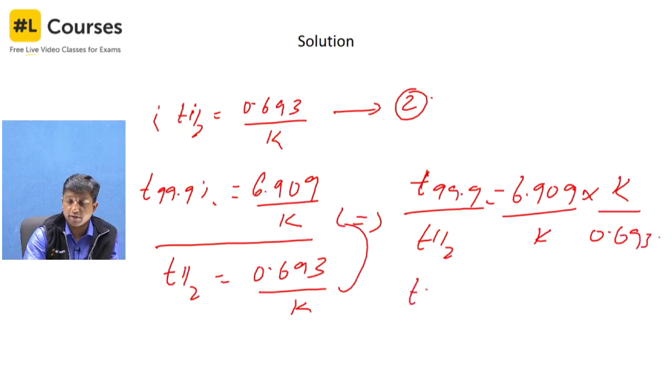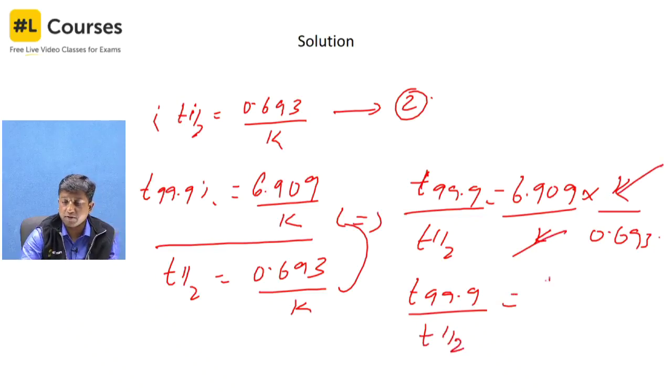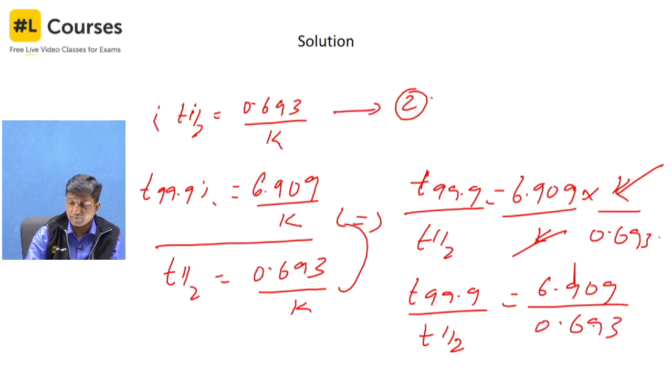Send K to the numerator, so T 99.9% by T half will be equal to 6.909 divided by 0.693.